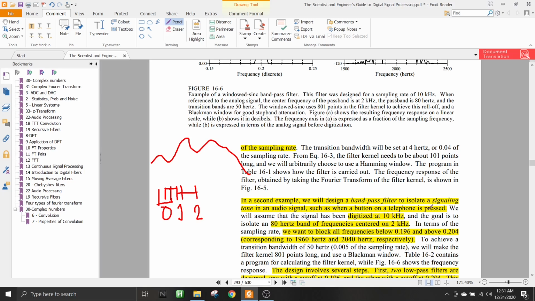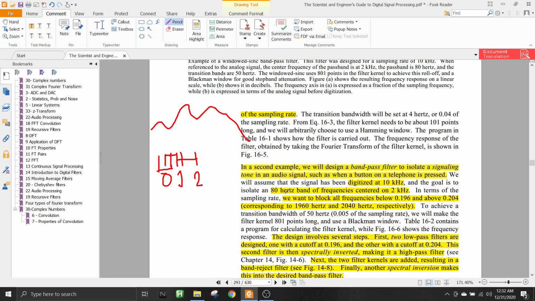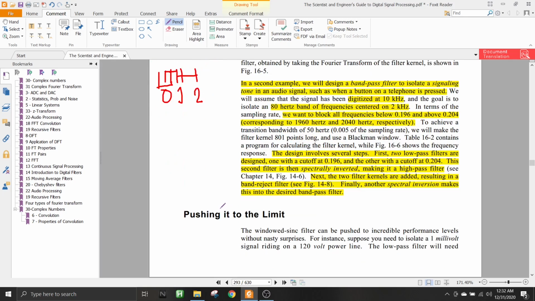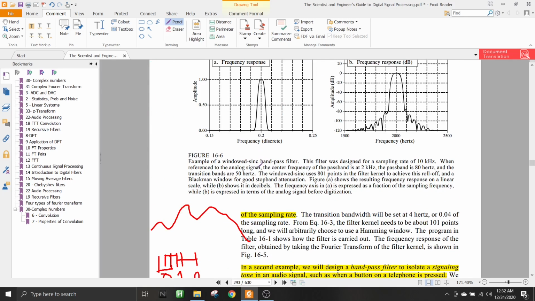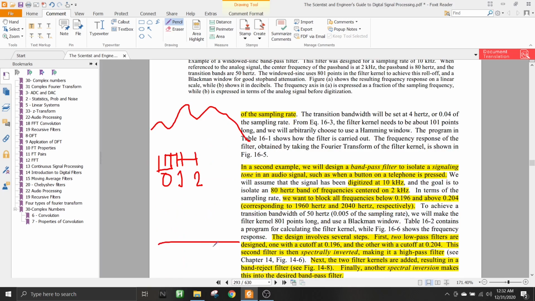In this case as well, we are assuming that the signal has been digitized at 10 kilohertz, and the goal is to isolate an 80 hertz band of frequencies centered on 2 kilohertz. Along the frequency domain, 0.5 of the sampling rate would be equivalent to 5 kilohertz, so the end point is 5 kilohertz.